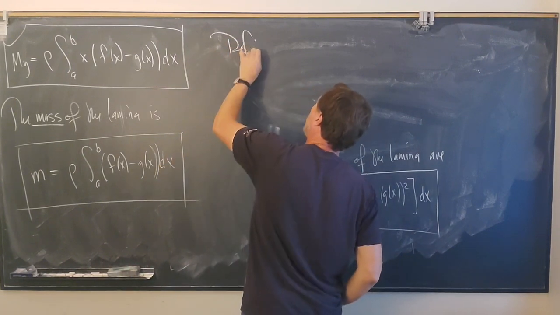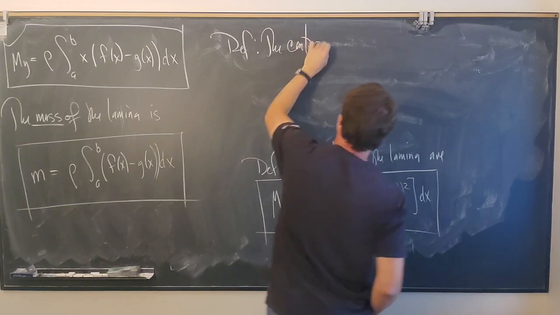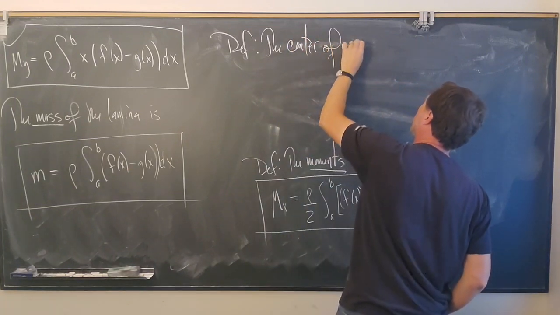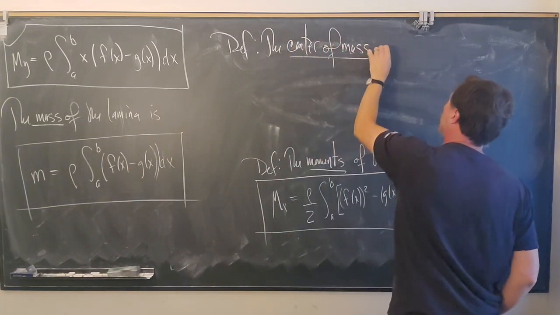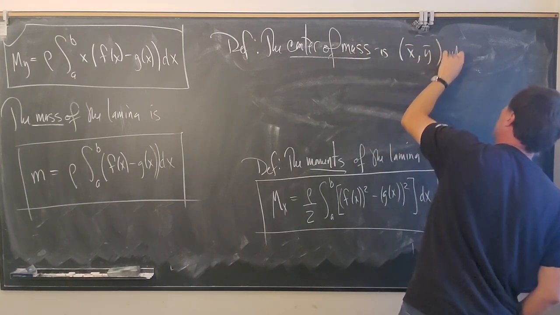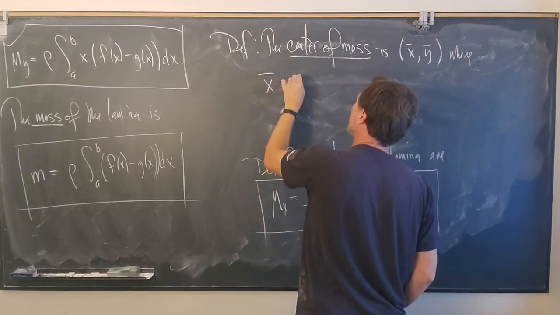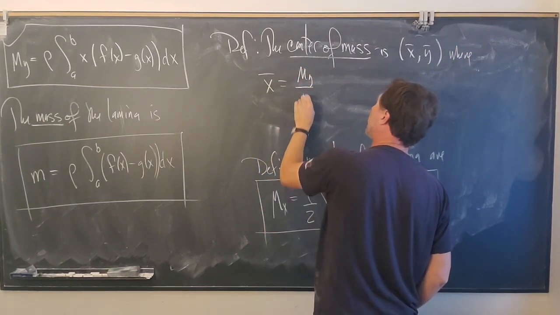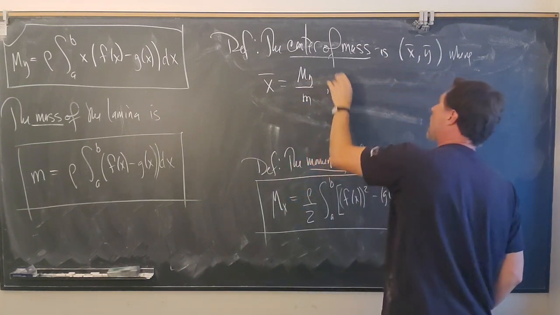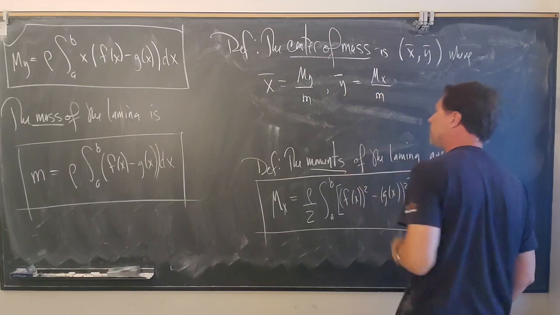So, the center of mass is the point x bar comma y bar, where x bar equals m sub y divided by little m, and y bar is equal to m sub x divided by little m.